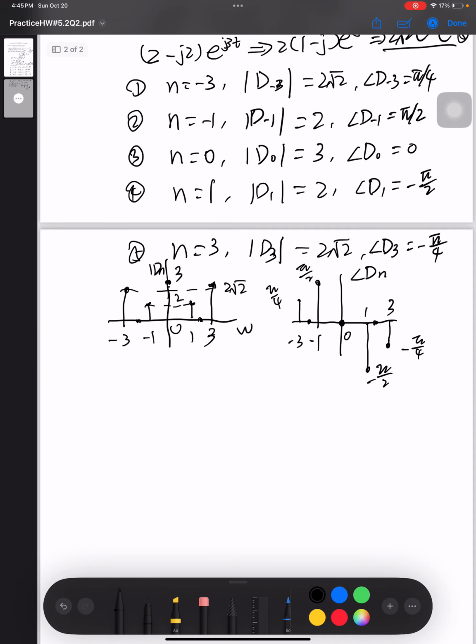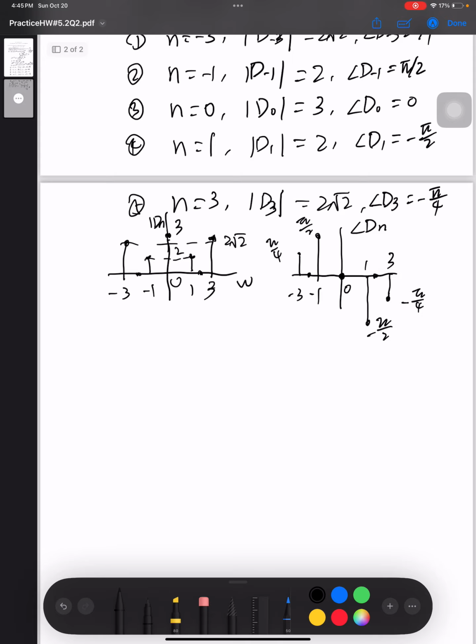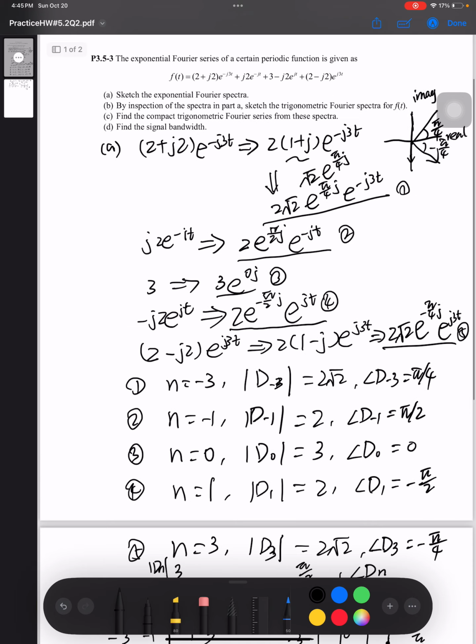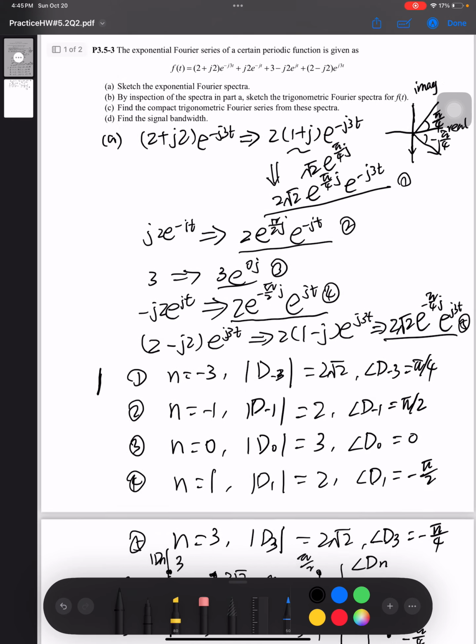For the next question: by inspection of the spectrum in part A, sketch the Fourier spectrum for the compact form. We already did that. Find the compact form from this spectrum.